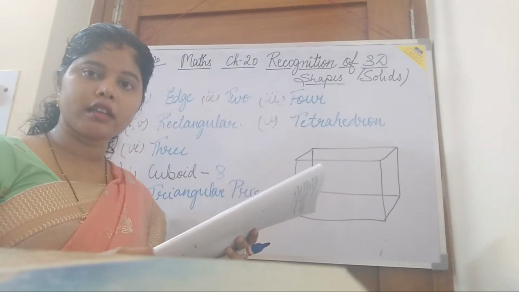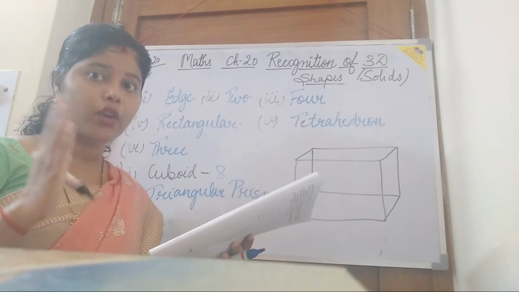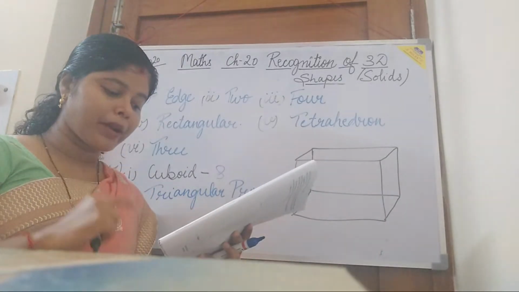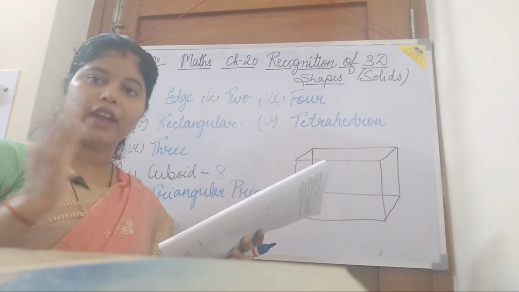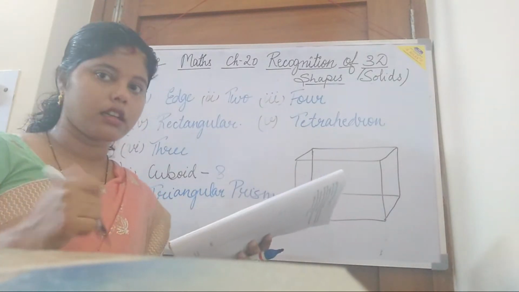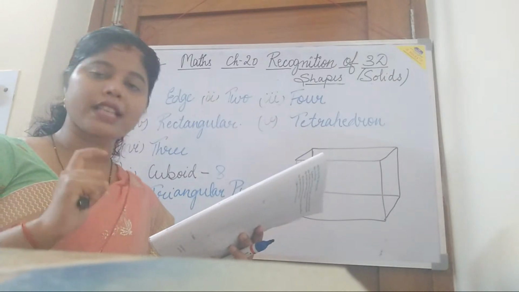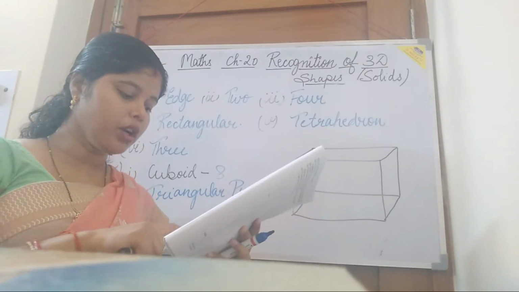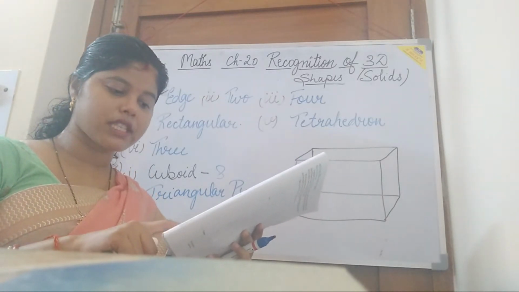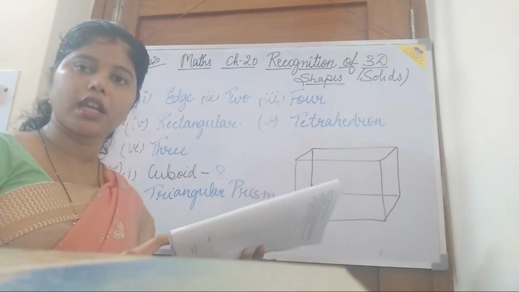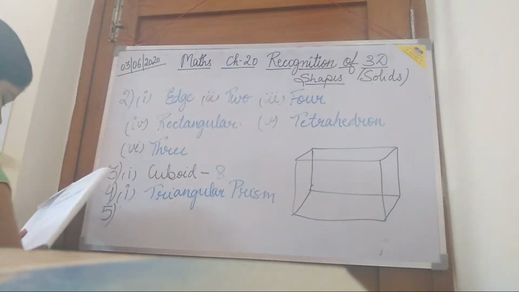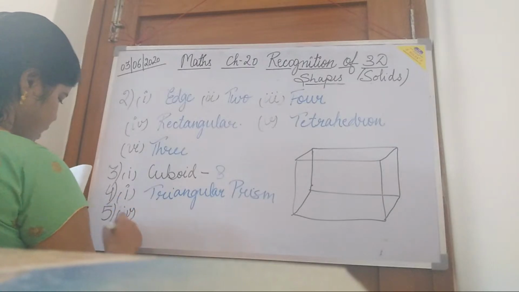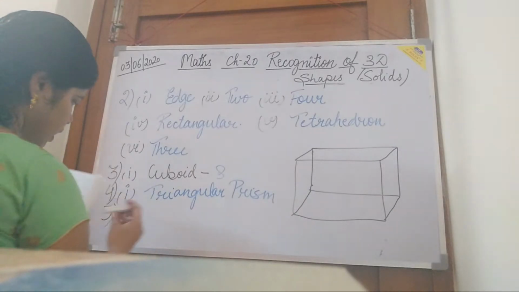In the square pyramid, all 4 lateral faces are of triangular form, and in the pentagonal pyramid, 5 lateral faces are in triangular form. So only the hexagonal prism. In a prism, the lateral faces are in rectangular form. So in which of the following solids is none of the faces triangular? That is the hexagonal prism. So the 5th answer will be the 4th option, that is hexagonal prism.